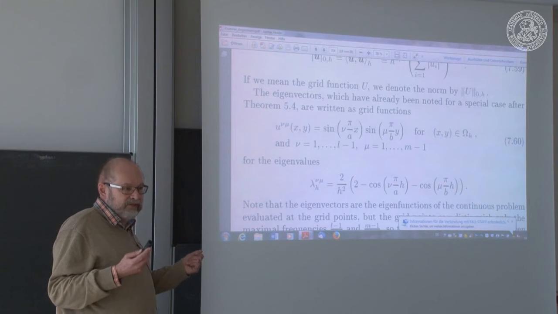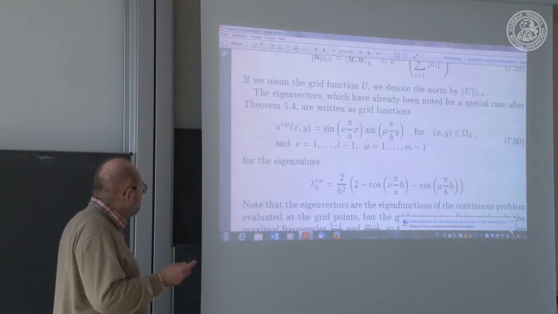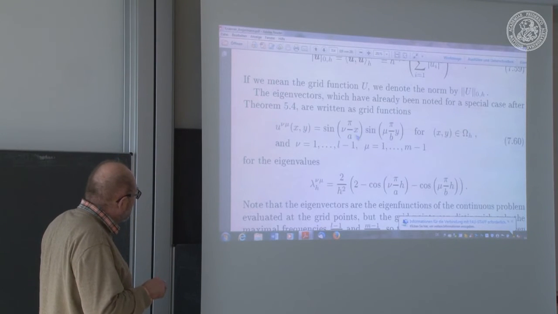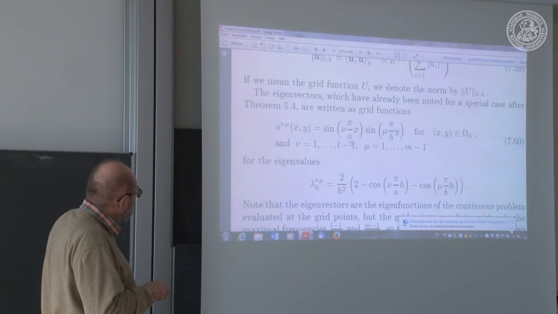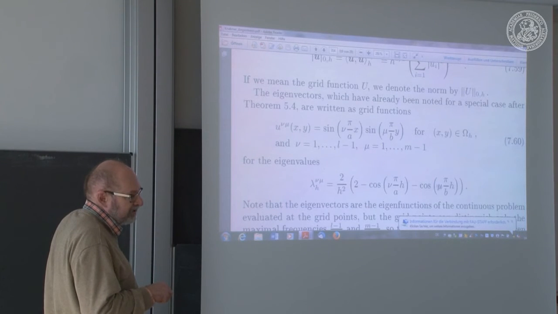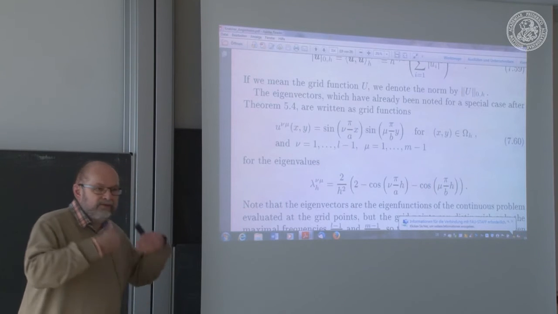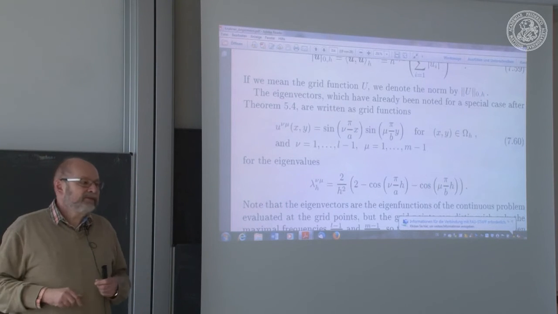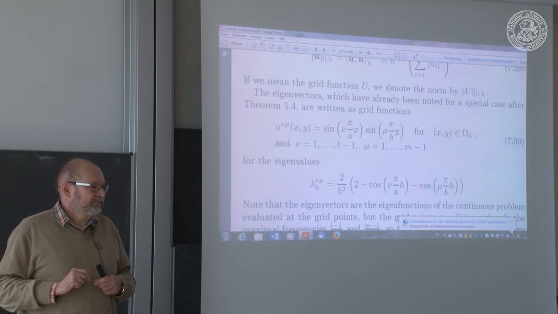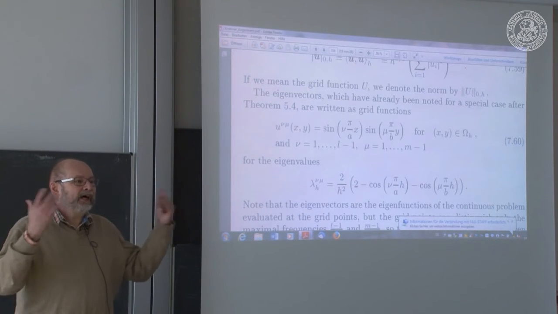In the continuous case, we had the same thing here, now not restricted to the grid points, but on the whole rectangle, but the indices were unbounded. What has now happened to the sine times sine functions with the higher frequencies which are not here? Or why are they not here?